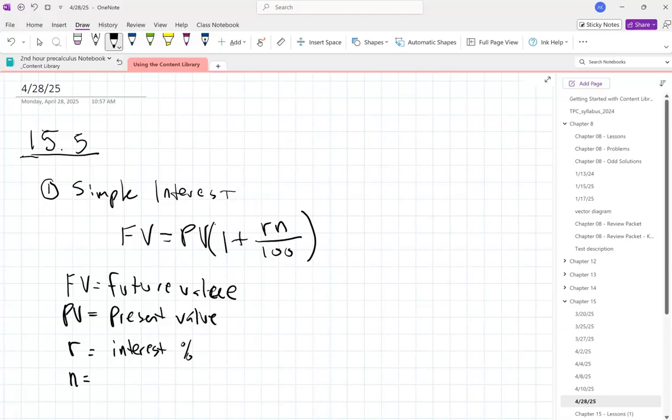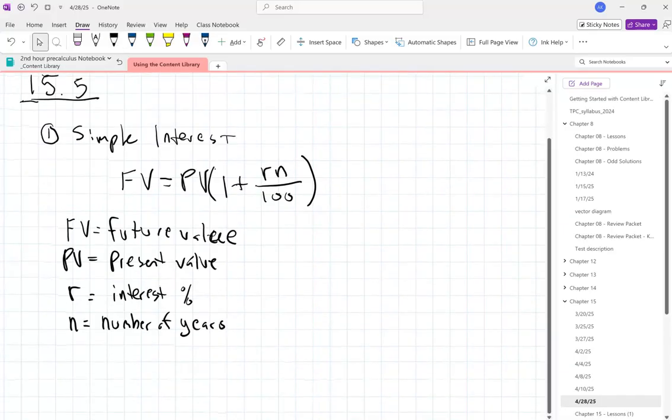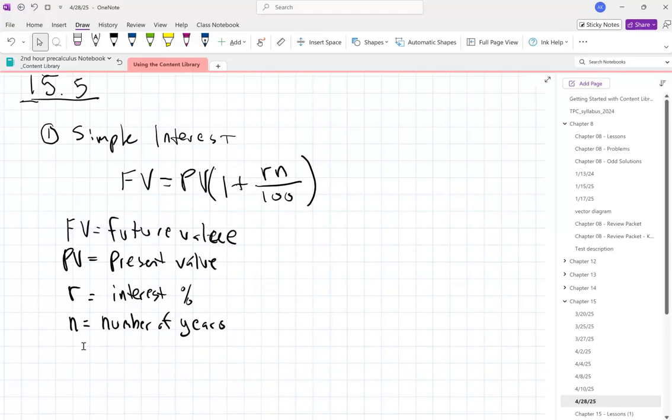N is the number of years. Notice that the interest rate needs to be written as a percentage. Since it's over 100, you could also drop the 100 and write the interest rate as a decimal. Either is fine, but don't do both.